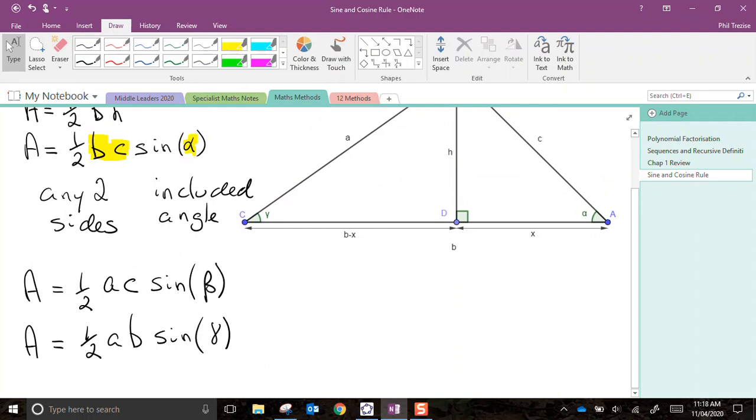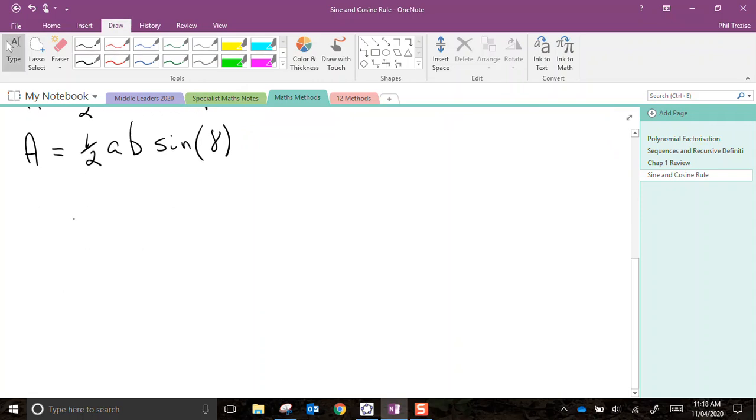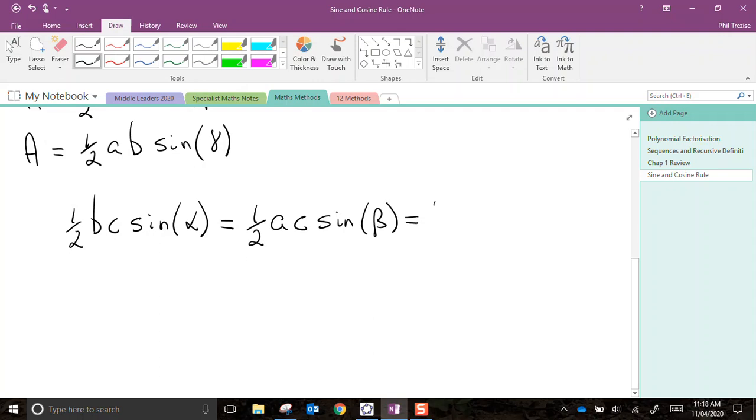Now obviously they all have to be the same, so let's write that out, all three of those. If I had 1/2 b, c, sine alpha, that would equal 1/2 a, c, sine of beta, which would equal 1/2 a, b, sine of gamma.